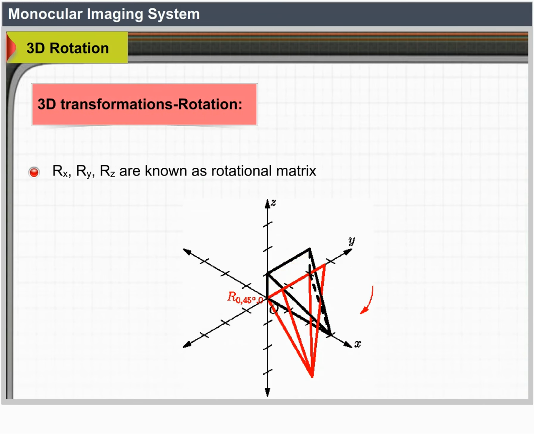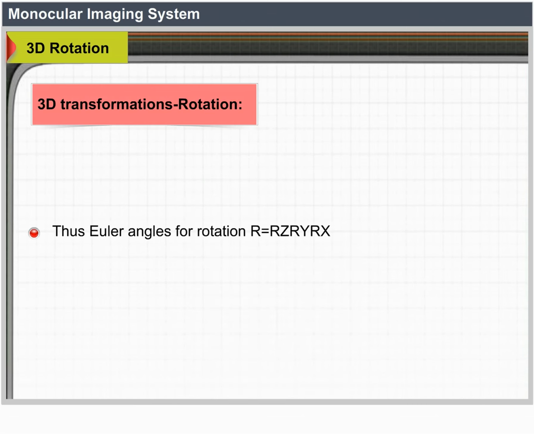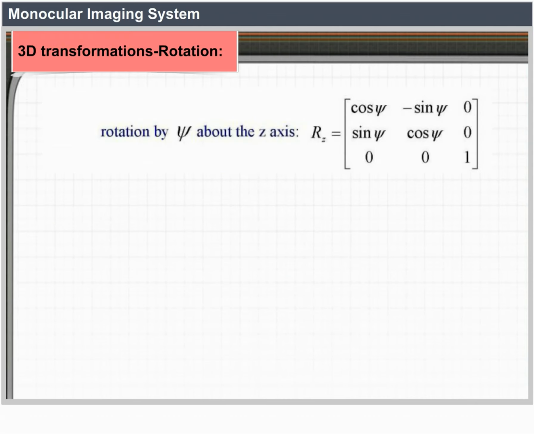3D transformations, rotation. Rx, Ry, Rz are known as rotation matrices. Thus, Euler angles for rotation R equals Rz, Ry, Rx can be represented as rotation by psi about the z-axis, Rz equals cos psi, sin psi, 0; minus sin psi, cos psi, 0; 0, 0, 1.